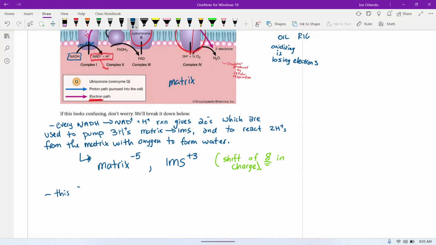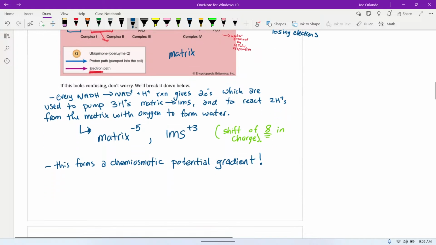This forms a chemiosmotic potential gradient. What the hell does that mean? Well, I'm glad you asked. Because what it means is this.